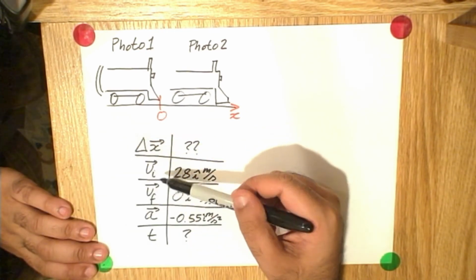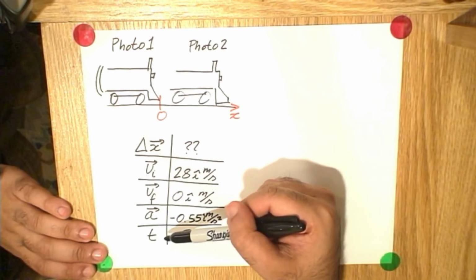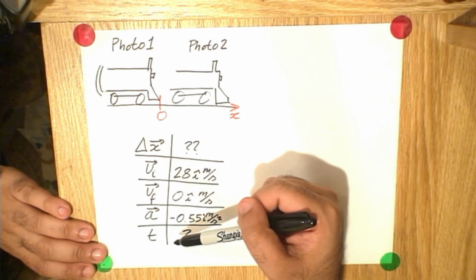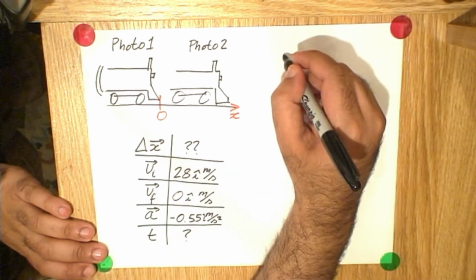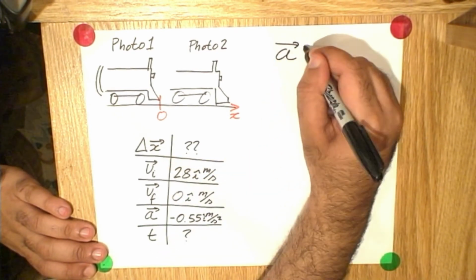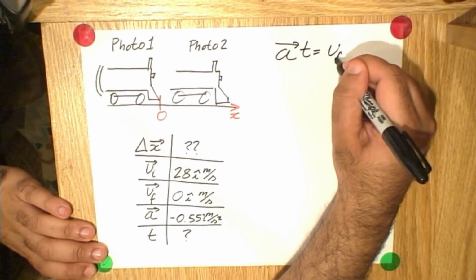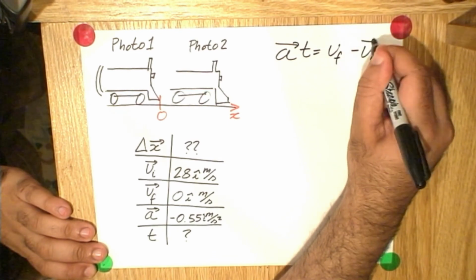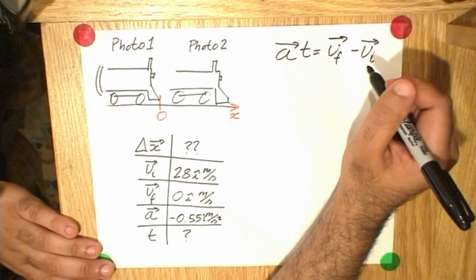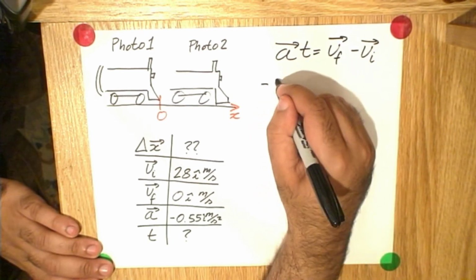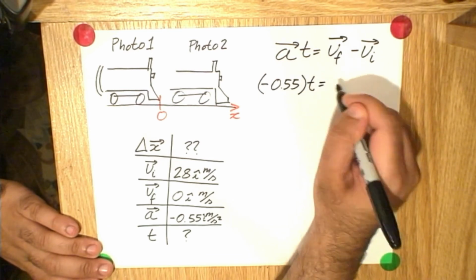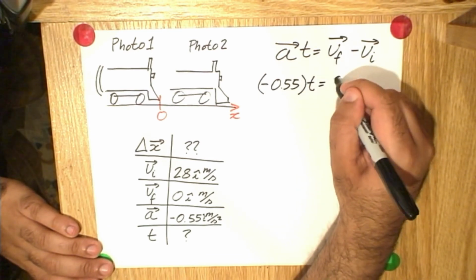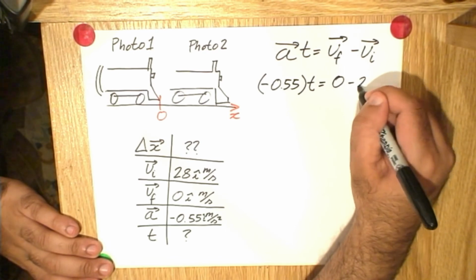We know initial velocity, final velocity, acceleration, we're looking for time. There's only one equation that weaves together those 4 quantities, and that's toolbox equation 1. So, acceleration, time is unknown, final velocity, 0, minus initial velocity, 28.